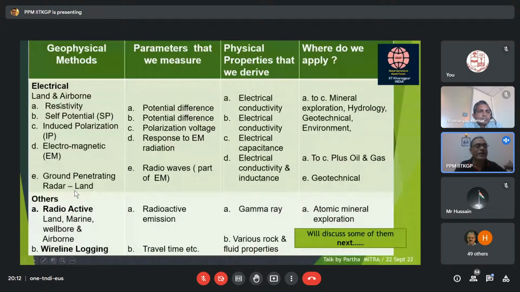You don't send any current here. So what happens? When groundwater percolates down through the metallic sulfide minerals, it acts as a natural battery. And when this current flows through the ore body and back to the surrounding groundwater, the groundwater acts as an electrolyte.